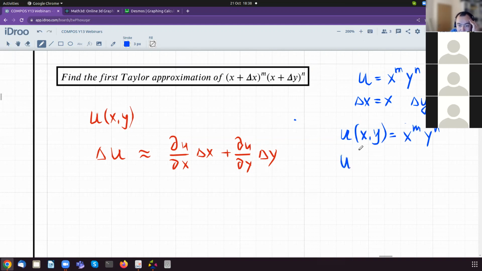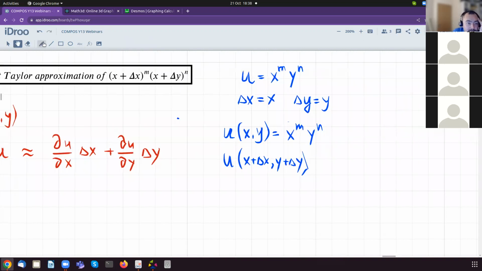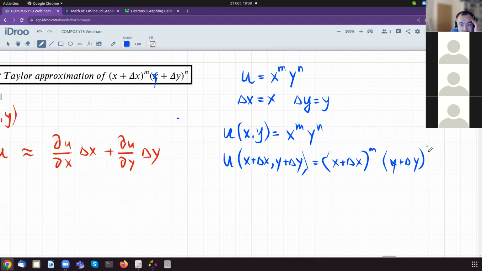And u of x plus delta x and y plus delta y is equal to x plus delta x to the power m, y plus delta y to the power n.